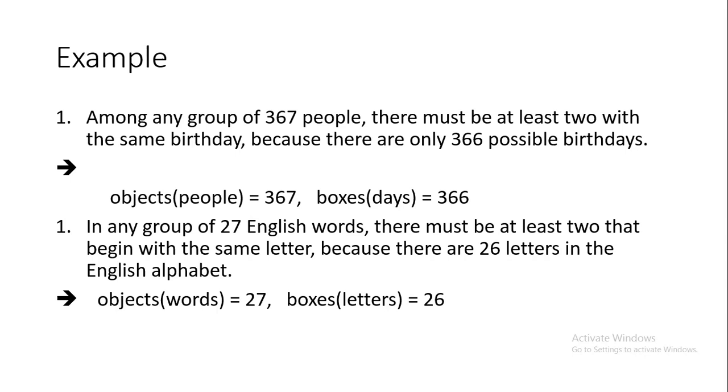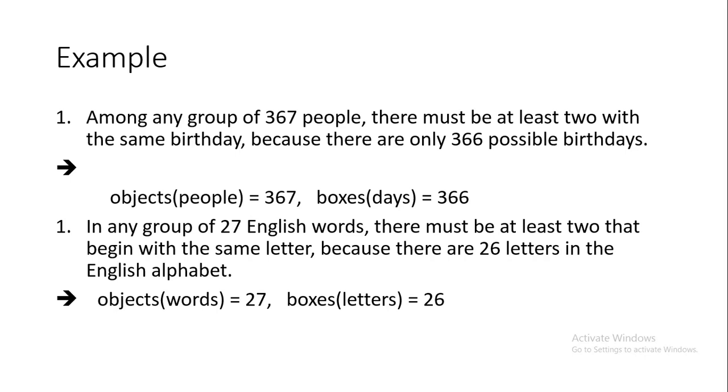Similarly, see another example. In any group of 27 English words, there must be at least 2 that begin with the same letter, because there are 26 letters in the English alphabet.